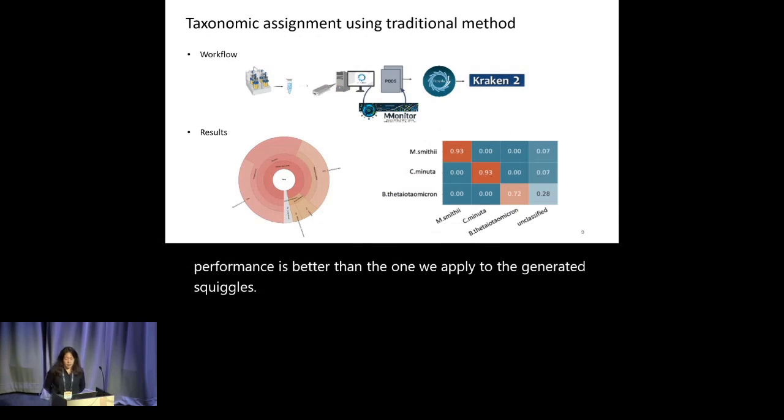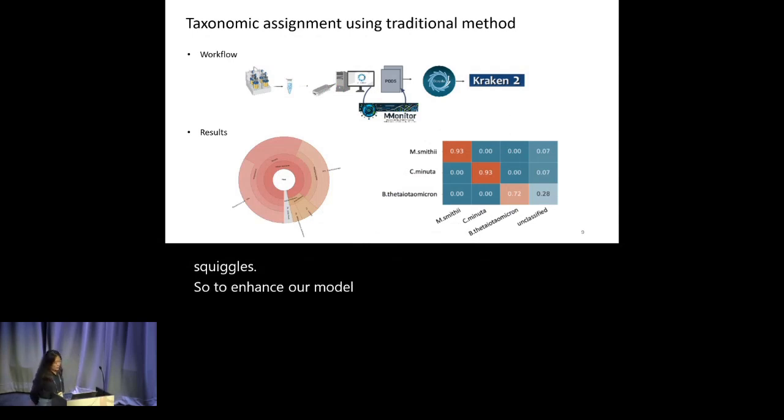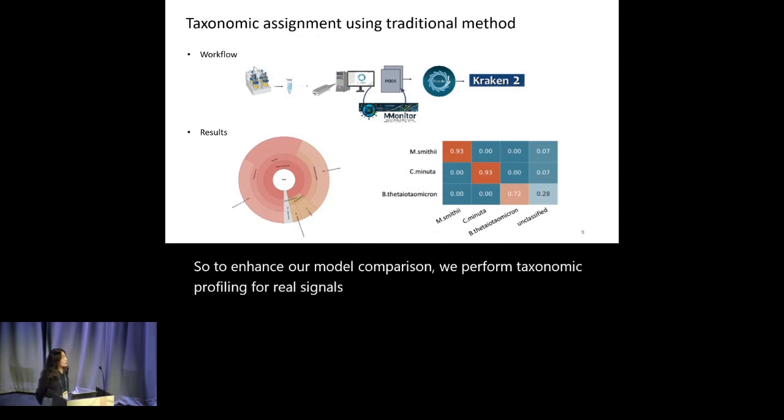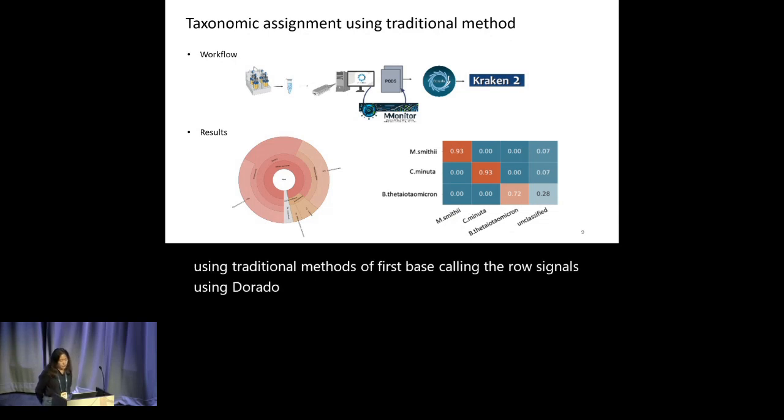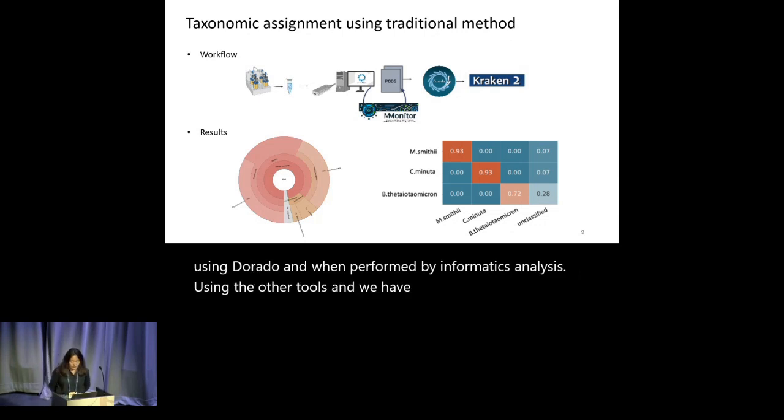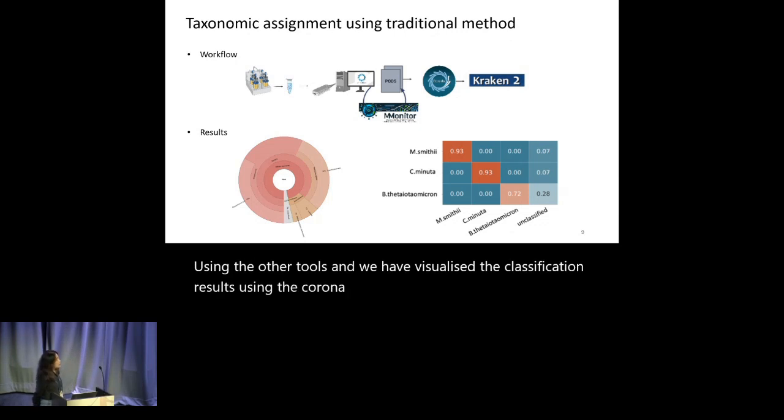To enhance our model comparison, we performed taxonomic profiling for real signals, which were provided by our collaborators, using traditional methods. First, base calling the raw signals using Dorado, and then performing bioinformatics analysis using other tools. We have visualized the classification results using a Krona plot and the confusion matrix, and compared the confusion matrix to the previous one.